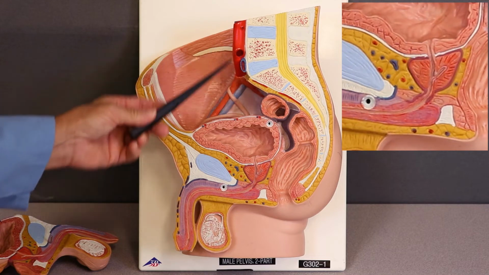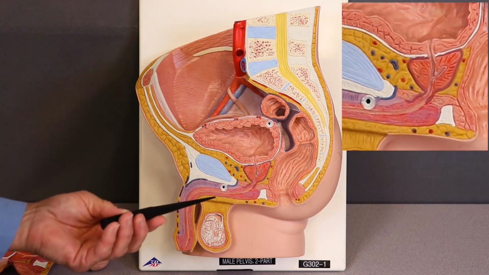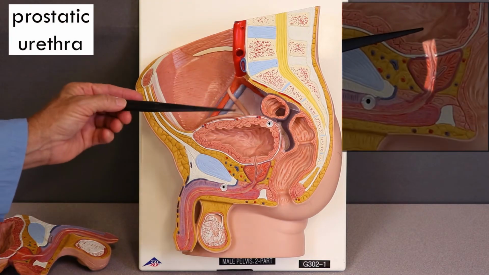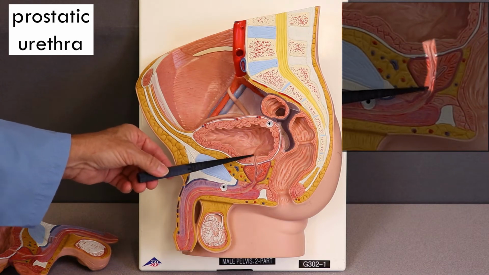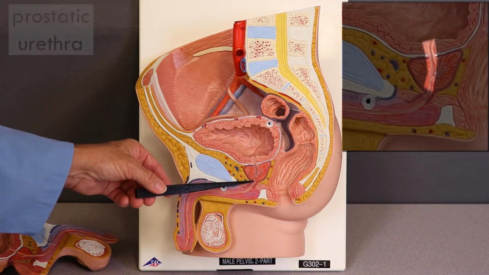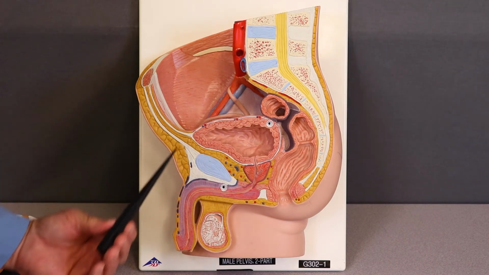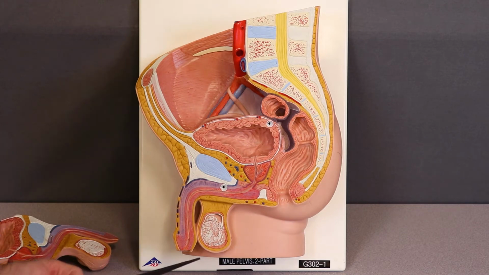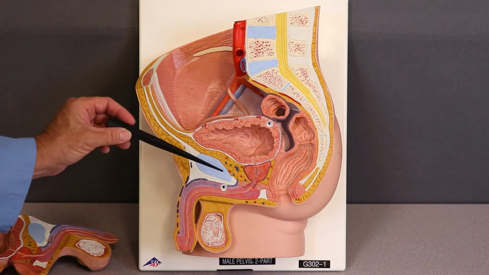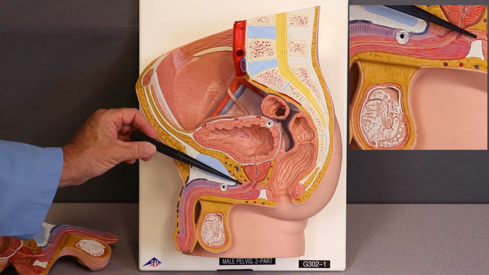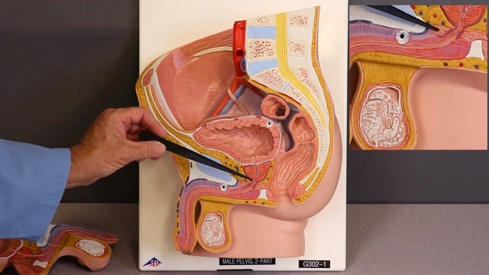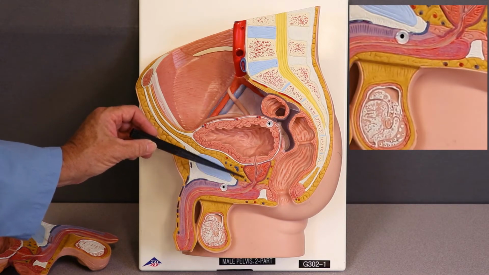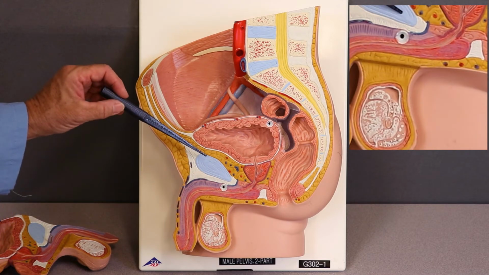Okay, and the male urethra has three sections to it. Okay, so the first section passes through the prostate gland, so it's called the prostatic urethra. The next section passes through that urogenital diaphragm at the floor of the pelvis. How do you find the urogenital diaphragm?